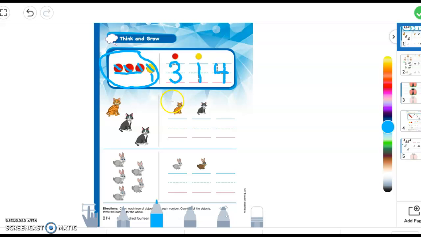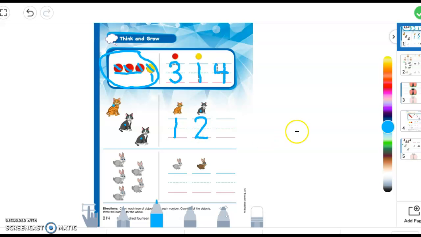Okay, let's look at our tiger cats. How many tiger cats are in our set? We have 1. So we will write the number 1. How many of our tiger cats are black and white? 1, 2. So we will write the number 2.